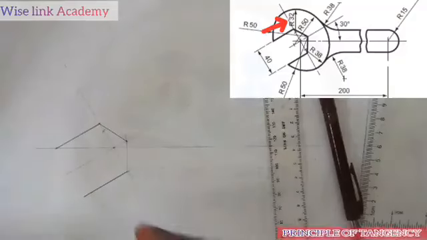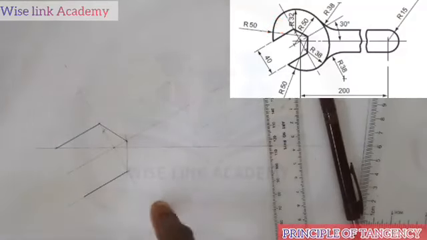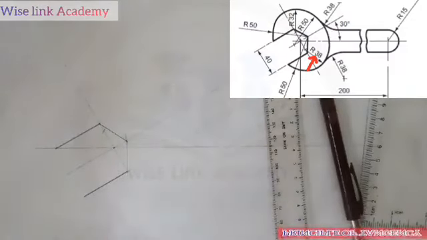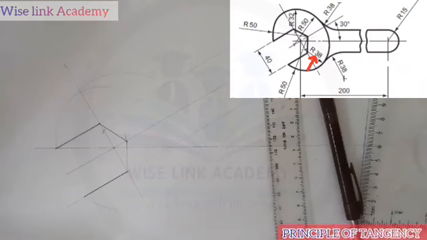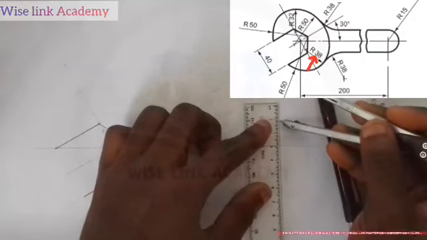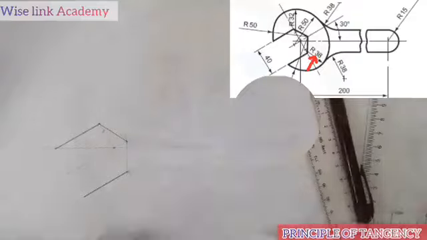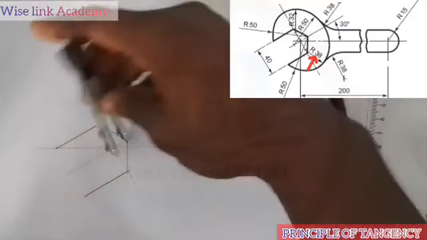Next up, if you observe, there is also an arc of 38 here. Subtracting 38 from 50, I will have 12. So I'll measure 12 from this point to this point. At this point here, strike this arc.